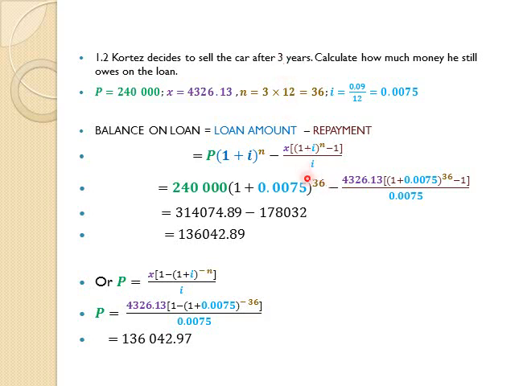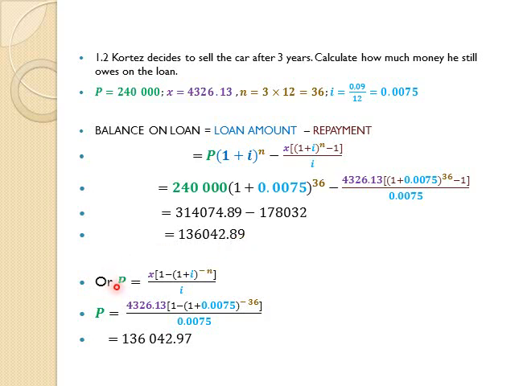So far she's loaned for 36 months or 3 years, and she's paid 4,326.13 times [(1+0.0075)^36 - 1] divided by 0.0075. We punch that in: 314,074.89 minus the 178,032. So she still owes 136,042 rand 89 cents after 3 years on the Mini Cooper.